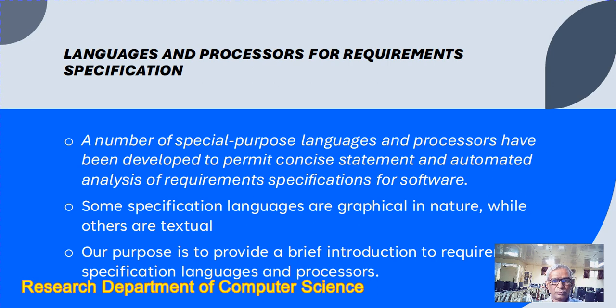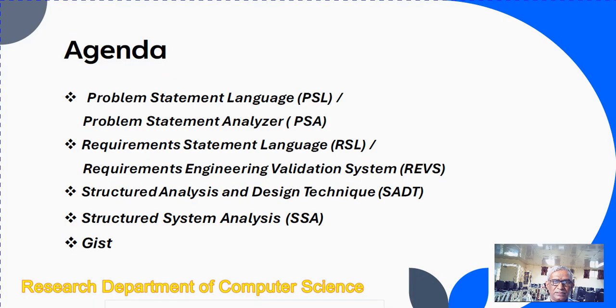Our purpose is to provide a brief introduction to requirement specification languages and processors. There are a number of languages available in software engineering. First one is PSL/PSA, Problem Statement Language and the corresponding Problem Statement Analyzer.